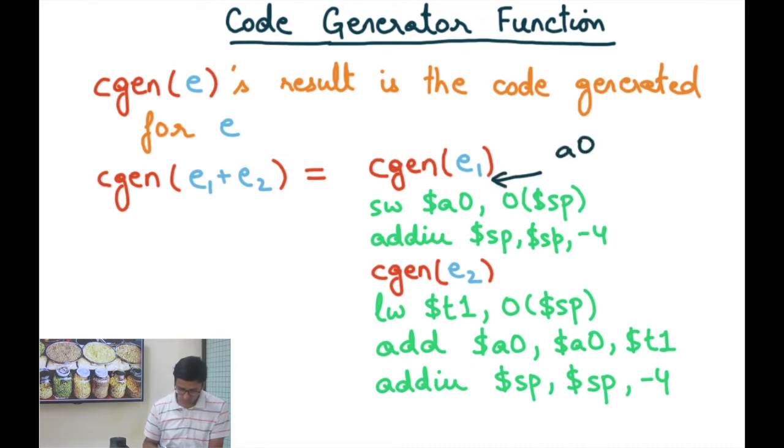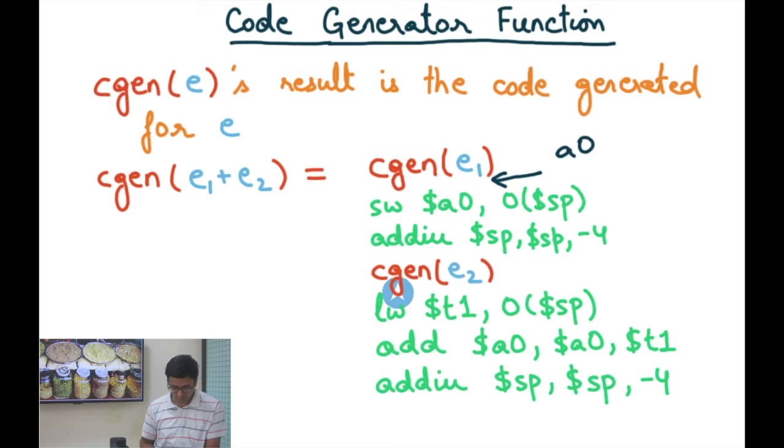What I do is save A0 to the top of the stack. Where's the top of the stack? It's at 0($sp), exactly where the stack pointer is pointing. And then I also decrement the stack pointer to show that the stack size has increased. So I use addiu, which is add immediate unsigned, $sp, $sp, minus 4.